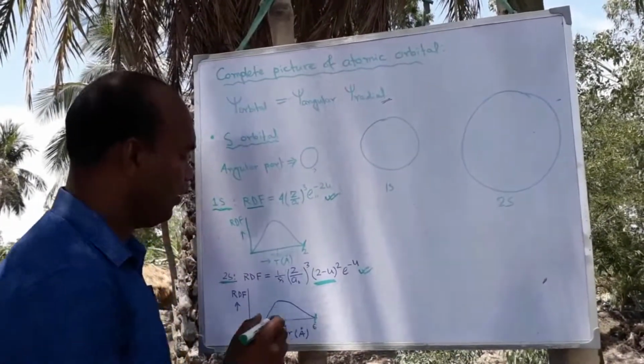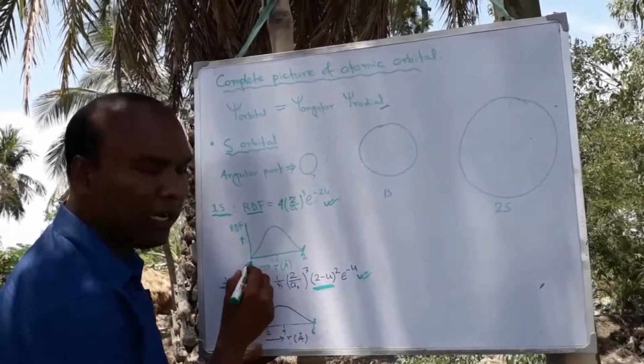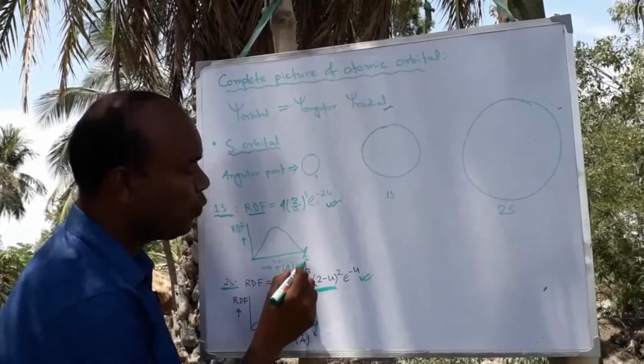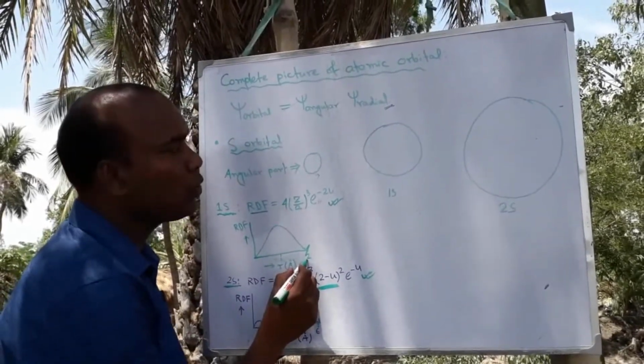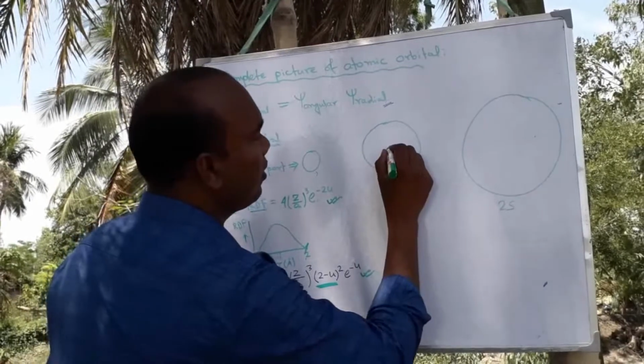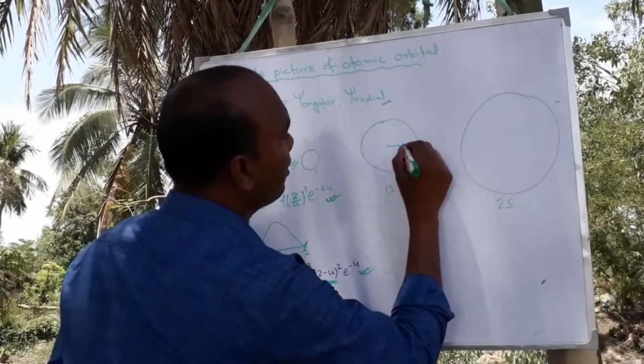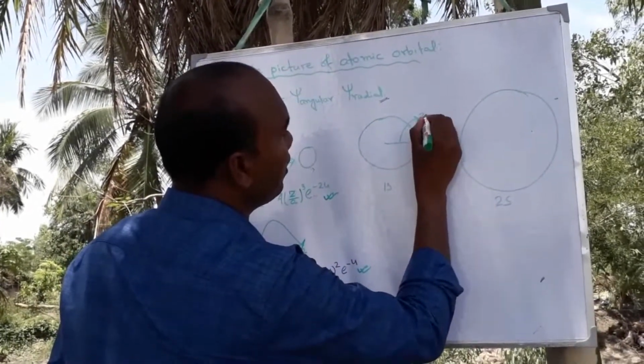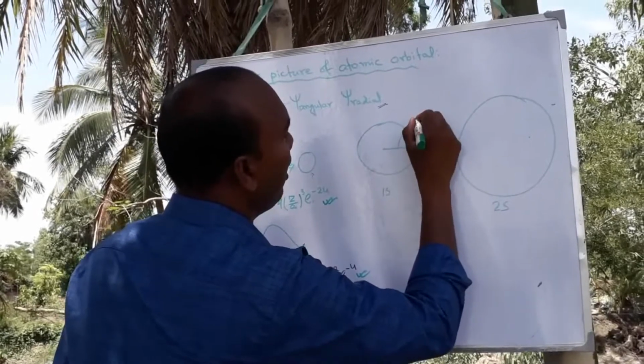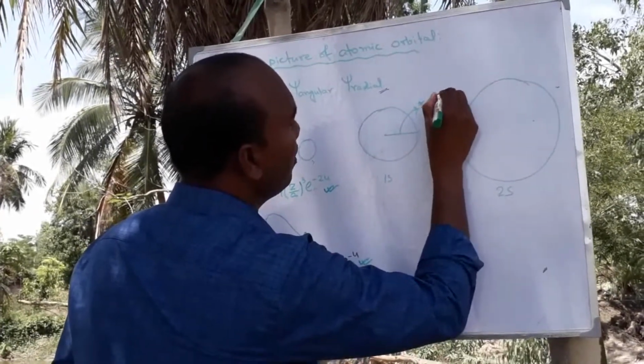You see here, the electron cloud of 1s spreads up to 2 angstrom, so the radius of the 1s orbital will be 2 angstrom.